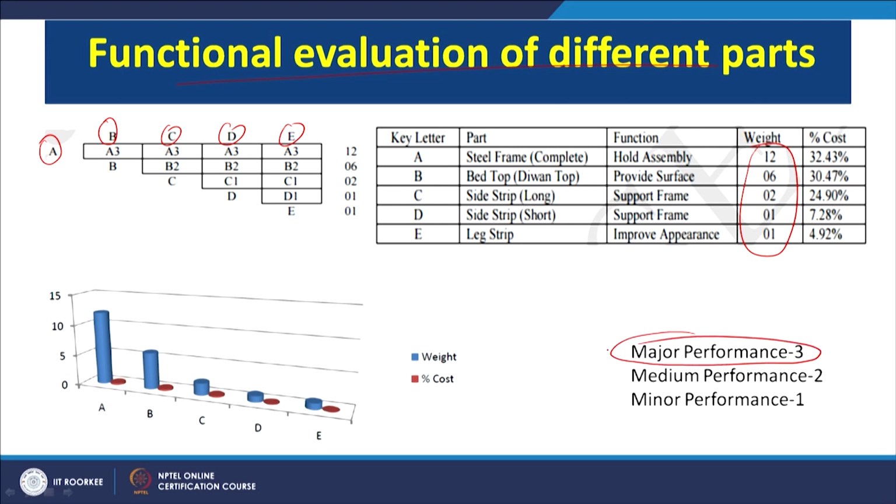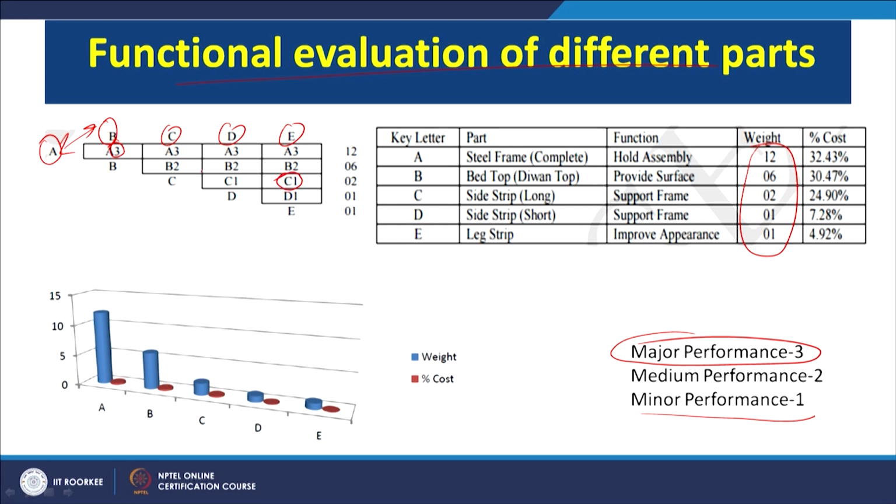Wherever we have written 3, it means that A and B are strongly dependent, a major performance. A is steel frame and B is bed top. They are interrelated in a better manner, that is, they are influencing a major performance, and minor performance is 1. So we can see here C 1.